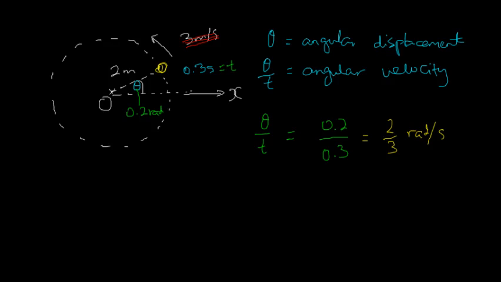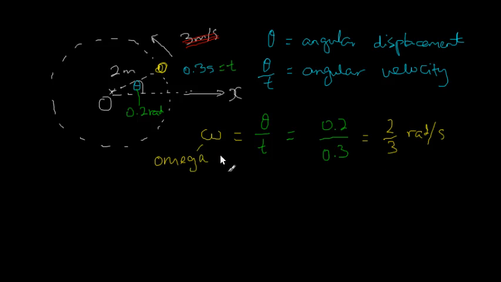And we often use the symbol omega to represent angular velocity. Now omega looks like W, except that it has a rounded bottom. This is the Greek letter omega. So that is the angular velocity.